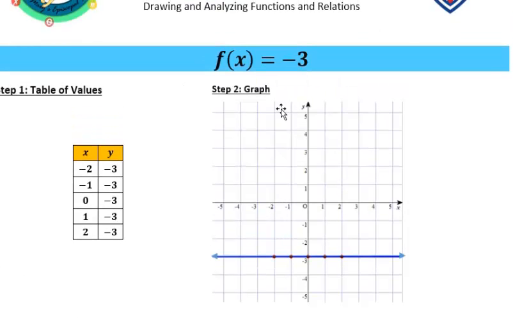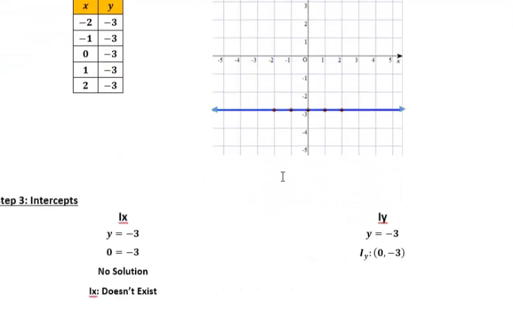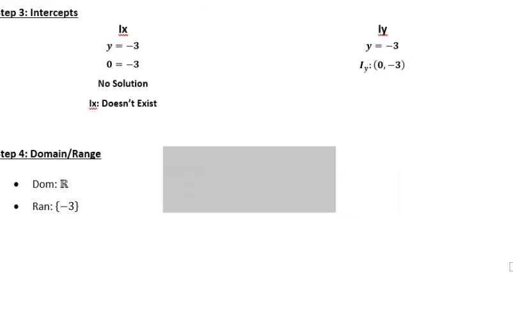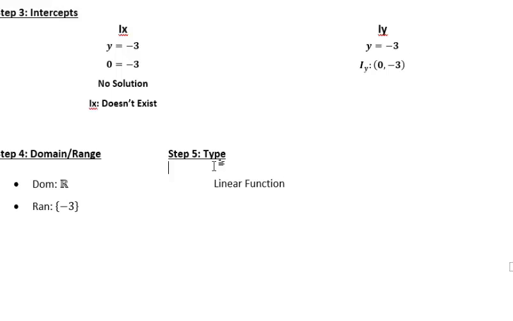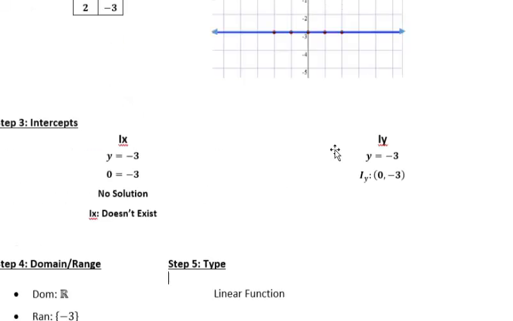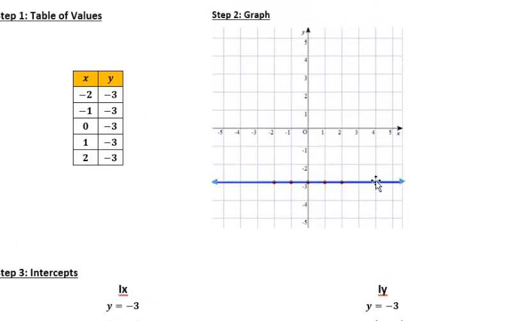Like what we have in here is a linear function. Okay, so that will be the type of the exercise. Step 5, the type will be linear function. Okay, we have a horizontal line, but that is still a linear function. Only vertical lines are not functions. Those are vertical lines.